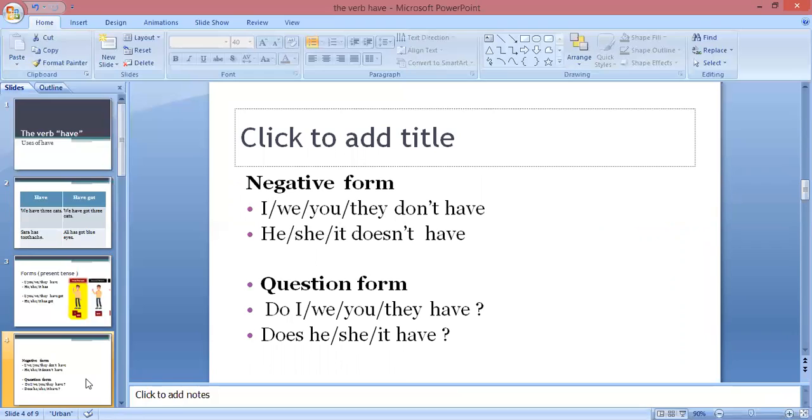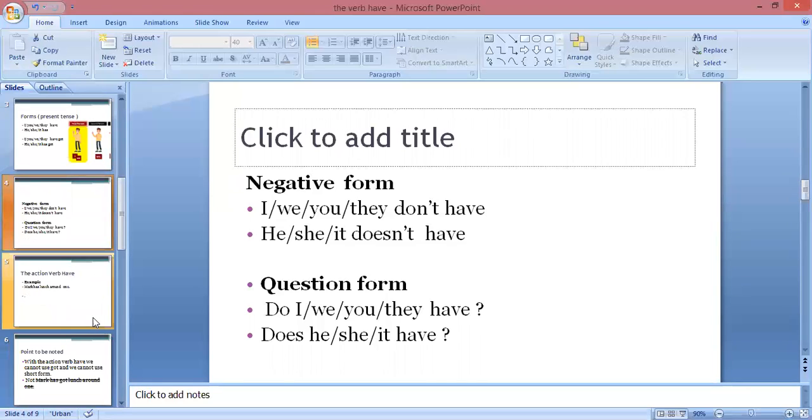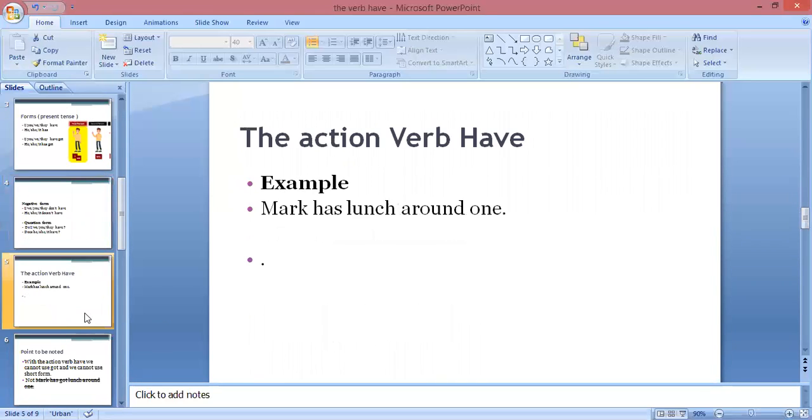For example, with I, we, you, they, I will use don't have in a negative form. Or if the subject is he, she, it, it will be doesn't have. Or in a question form, first I will put do or does, and then I will put have. So this is all about the forms of grammar we use.